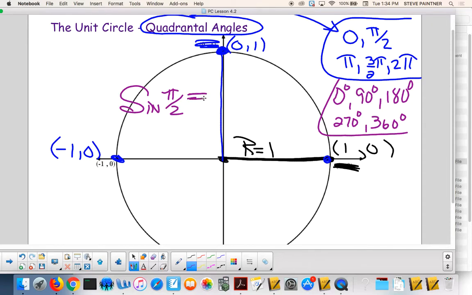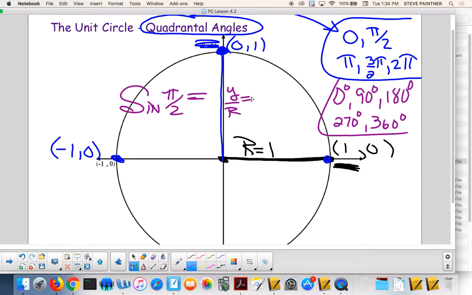Now I know you're probably thinking opposite over hypotenuse, or maybe you're thinking y over r, okay? But there's no triangle visible, and you can't really make a triangle with any of these. So since sine is just y over r, where do you get your y and where do you get your r?